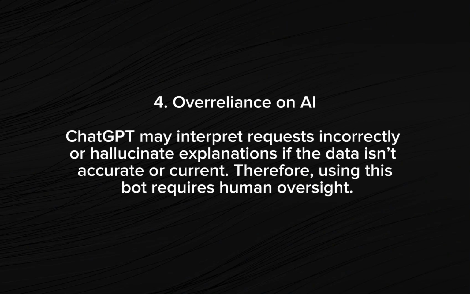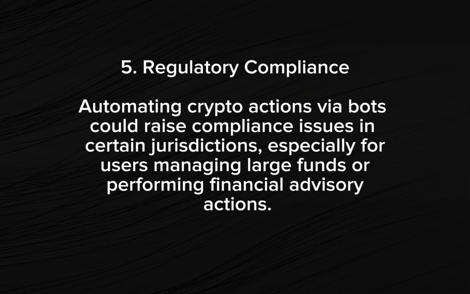Therefore, using this bot requires human oversight. 5. Regulatory compliance. Automating crypto actions via bots could raise compliance issues in certain jurisdictions, especially for users managing large funds or performing financial advisory actions.